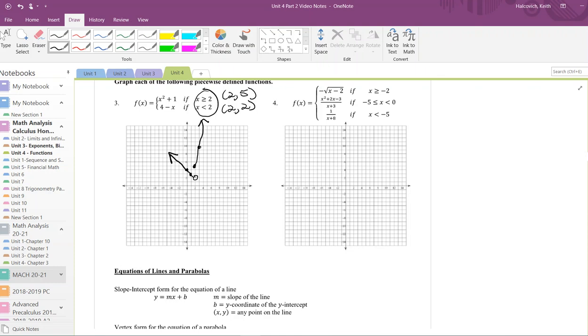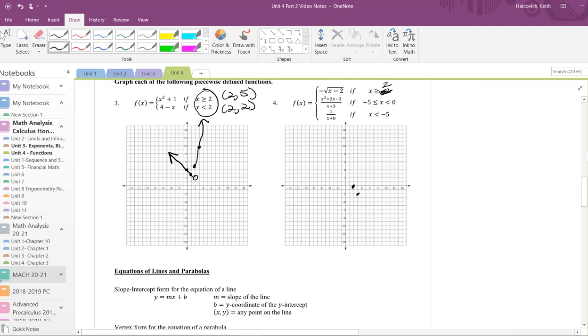Number 4, it's a little more complicated. First of all, this should be greater than 2, not negative 2, because negative 2 would make it a negative number there. If it's greater than or equal to 2, then 2 gives 0. If I put 3 in, I get 1, and the square root of 1 is 1, but if I take the opposite of that, I get negative 1.